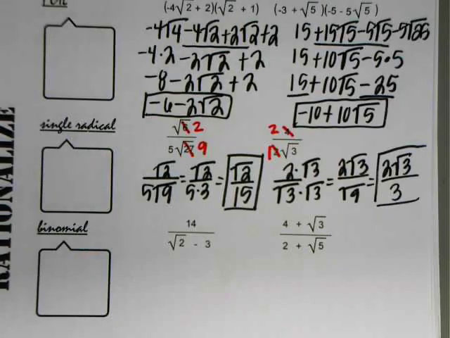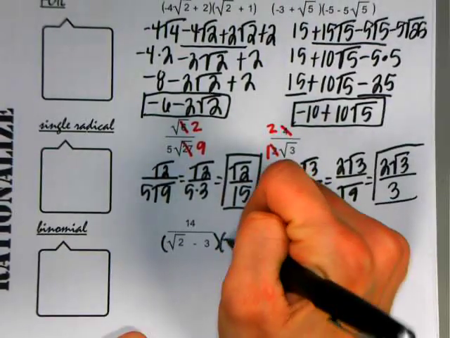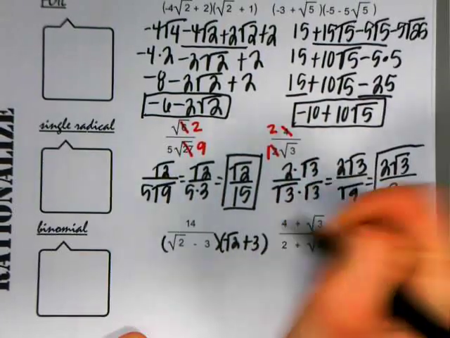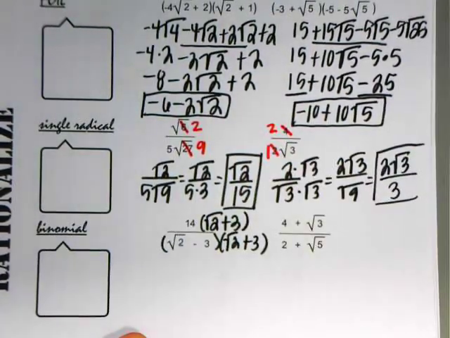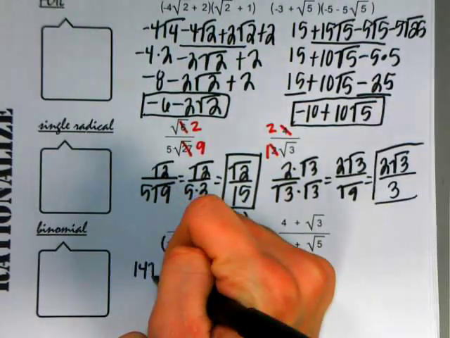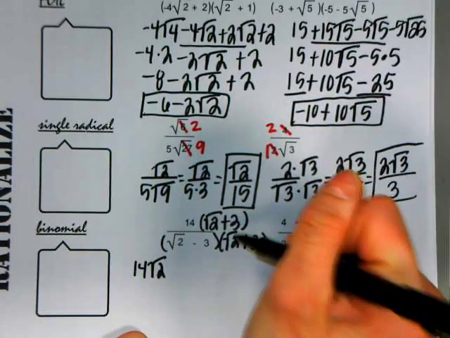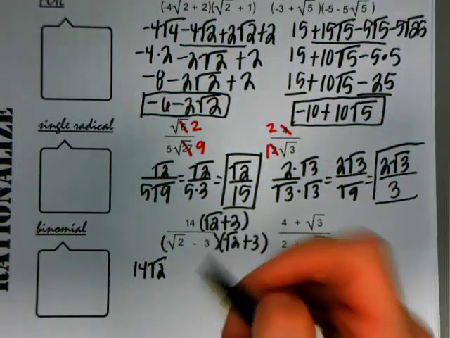All right, next one. When you have binomials in the denominator, remember you do conjugate pair. So we're going to multiply this by radical 2 plus 3, top and bottom. 14 times radical 2 is 14 radical 2. 14 times 3 is 42.